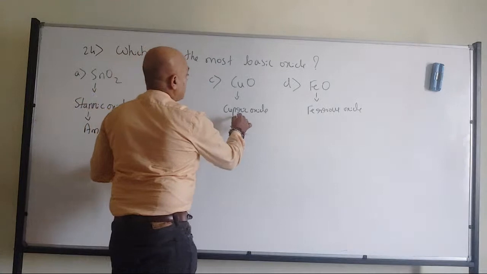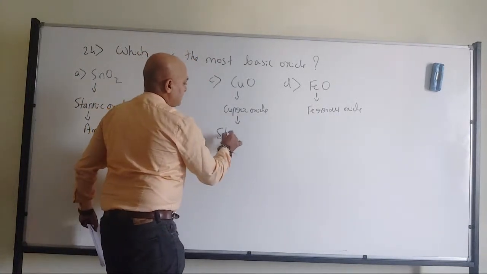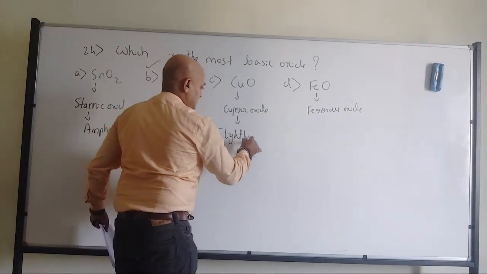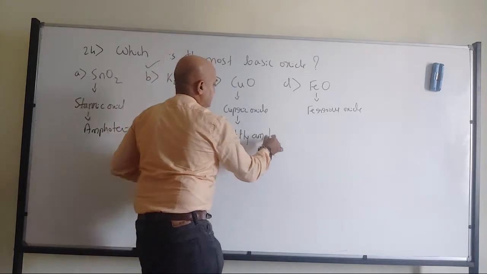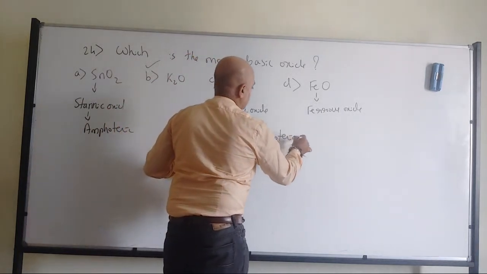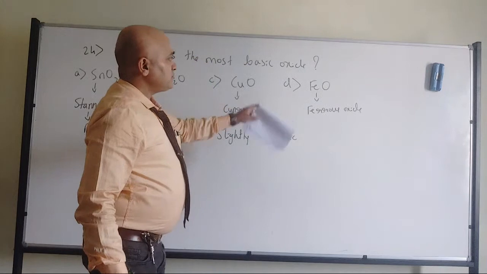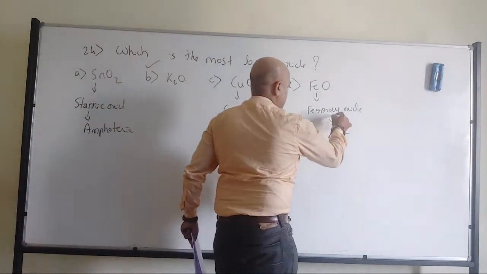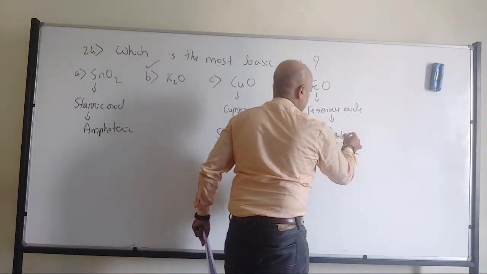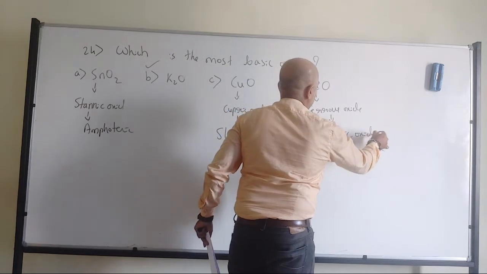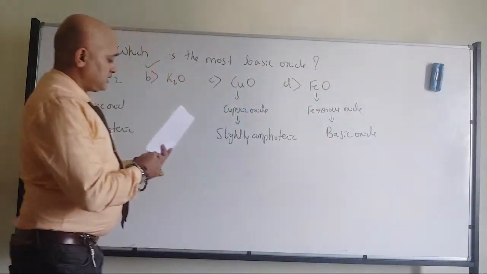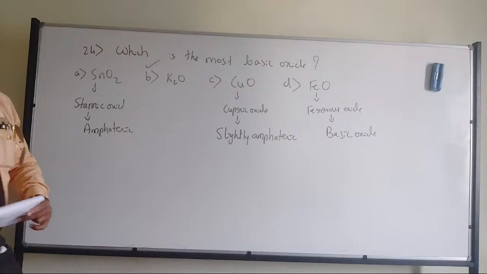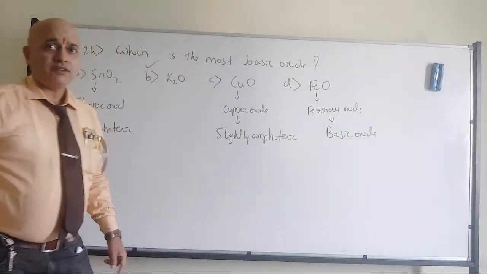Cupric oxide is slightly amphoteric in nature. But ferrous oxide is also a basic oxide, though not as basic as potassium oxide. Potassium oxide is much more basic. Therefore, they asked for the most basic.